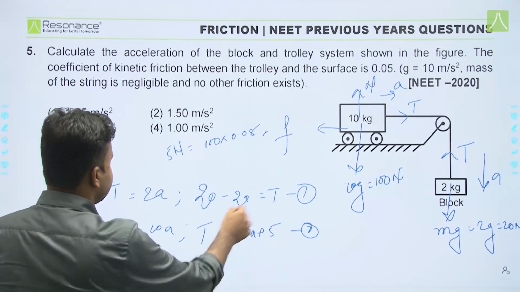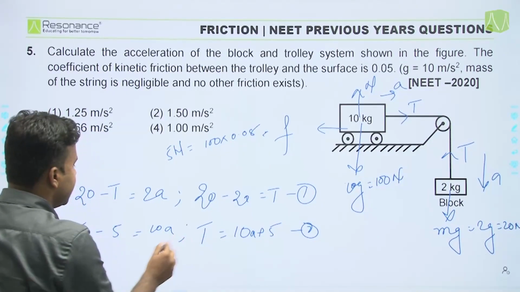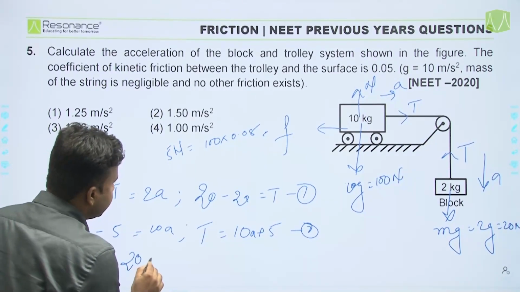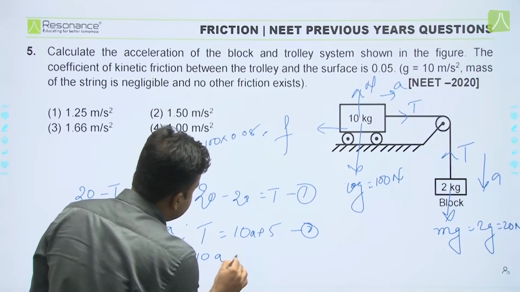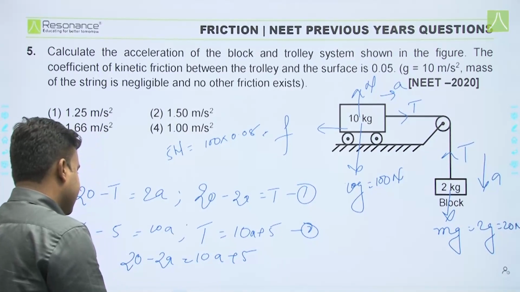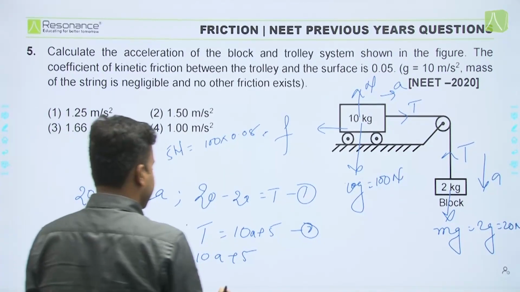Equate these, because in both equations T equals this much. So 20 minus 2A is equal to 10A plus 5. Now bring this term to this side and this to that side.